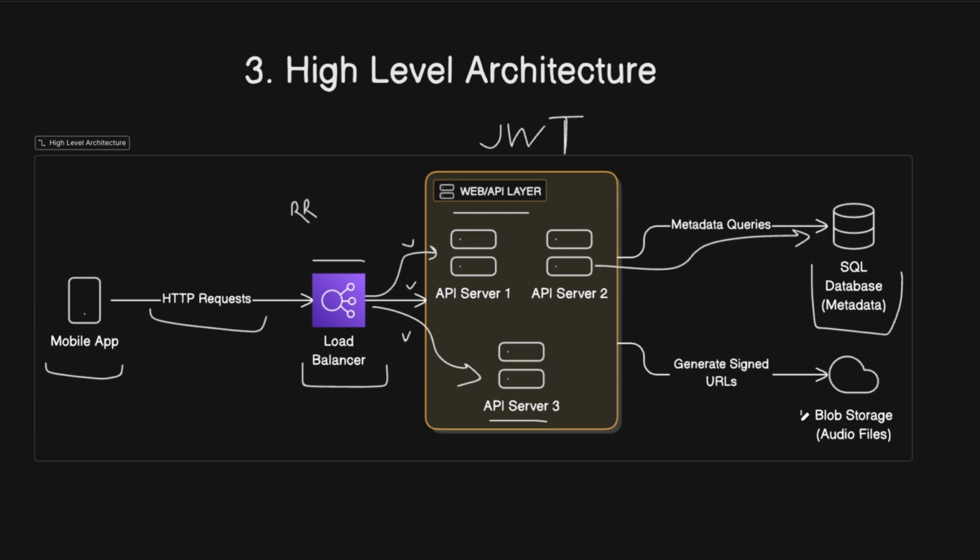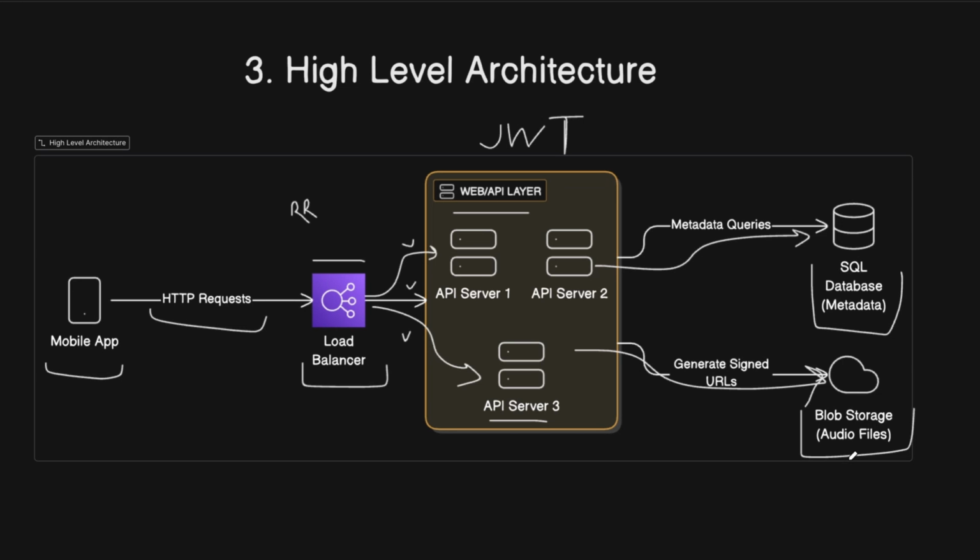But for audio files, we'll need some sort of blob storage to store these files, since they are the biggest portion of our system. And these will be queried with generated signed URLs, which is a one-time URL that expires after some time, so that we keep the URLs safe and they are not always accessible through the same URL.